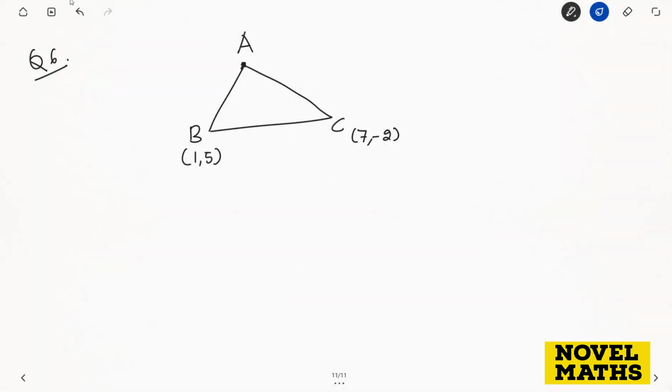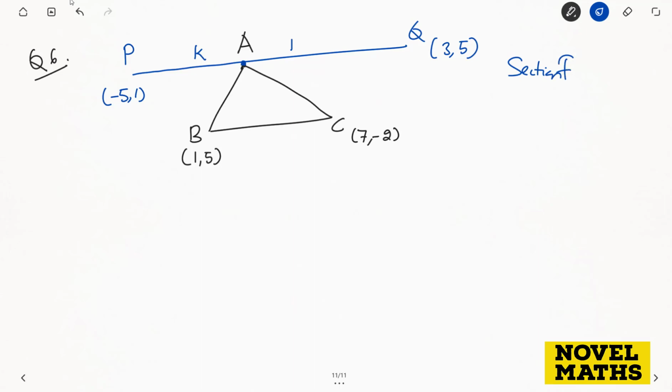It says there are 2 points, P and Q. P is negative 5 and 1. Q is 3 and 5. Point A divides in k is to 1 ratio. So if the ratio is given and the points are given, you can easily figure out the point A using what? Section formula. Let's figure out k times this coordinate.